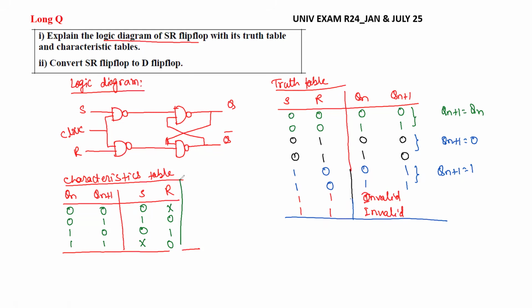So this is the excitation table. You can remember here 0, 1, 0, cross, and R is just the mirror image of this. So here S for these 3 values is the same as Qn plus 1. And 1, 1 is already invalid here, a very alert condition. So this is the characteristics table as well as the truth table.